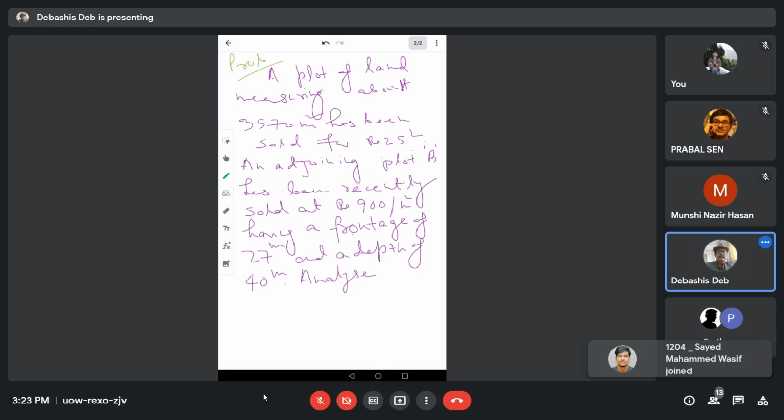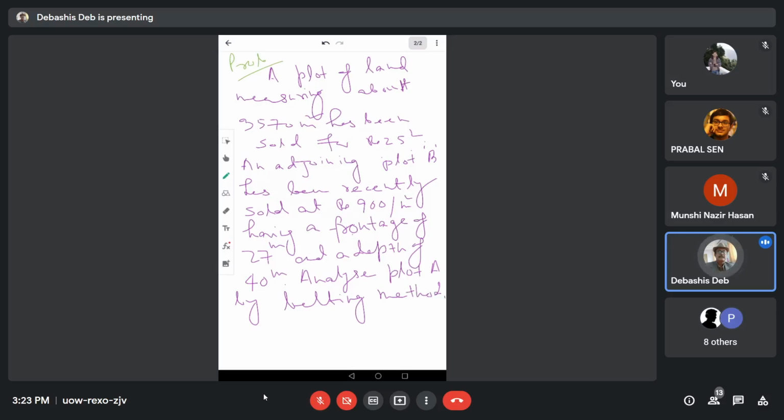Analyze plot A by building method. In addition to this, the sketch will be given in the problem. I am drawing the sketch. Let me repeat here.